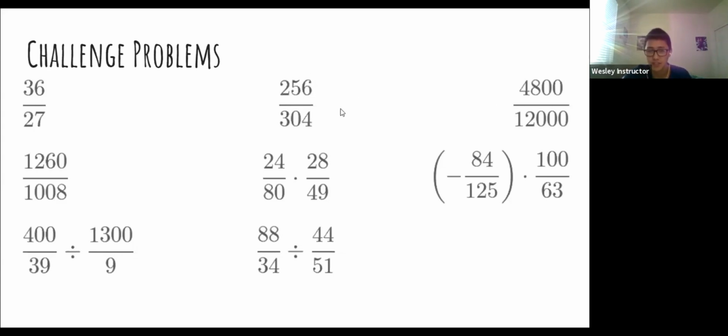You can take out a 2 and then keep going after that. 4,800 over 12,000. All right, so you can take out 100 from both the top and bottom. So that becomes 48 over 120. And then break that down further, and you get 2/5.